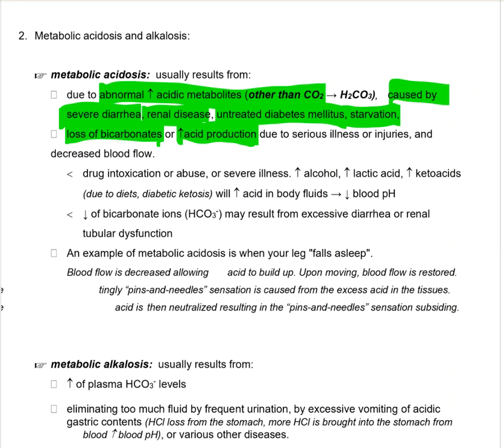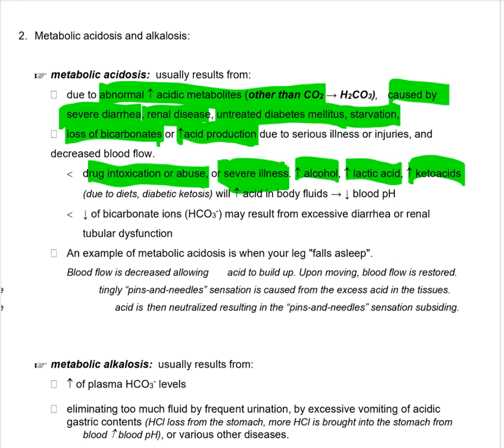So think of other things that will cause this: drug intoxication or abuse, severe illness, right, where we aren't getting rid of our acidic metabolites, high amounts of alcohol, high amounts of lactic acid, high amounts of keto acids and ketones. All of these things increase the acid in body fluids, and that lowers blood pH.